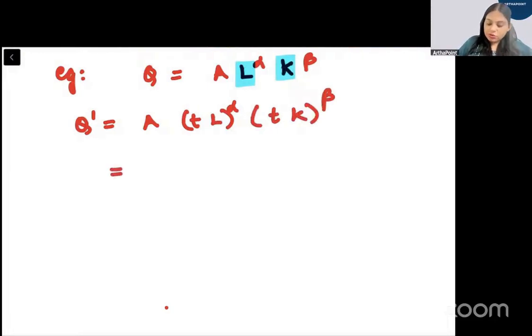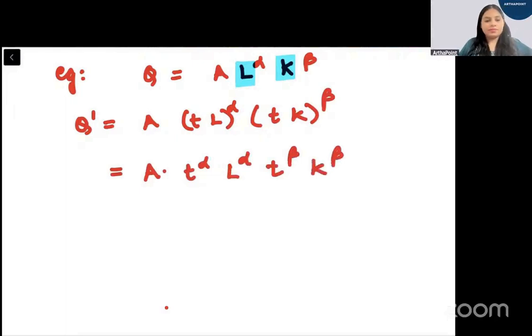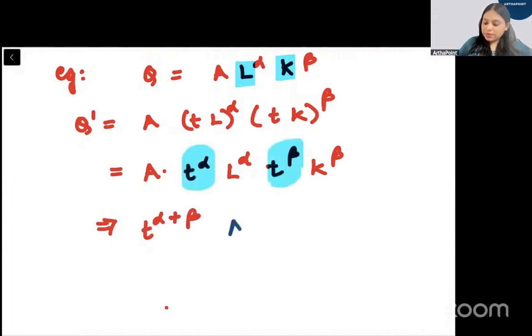So I am going to get A, T to the power alpha, L to the power alpha, T to the power beta, K to the power beta. Okay. So this will be T to the power alpha plus beta. When the base is the same, powers get added up. Into A, L to the power alpha, K to the power beta. And this is your original production function.